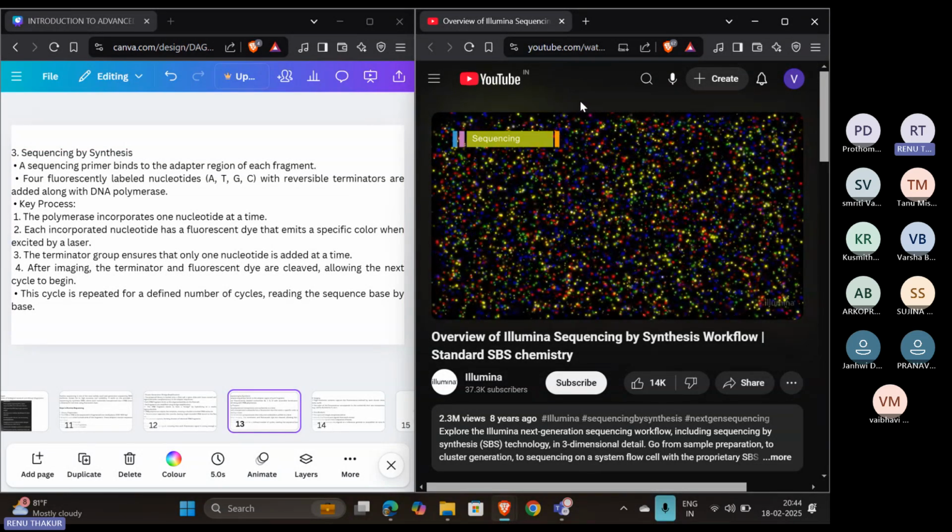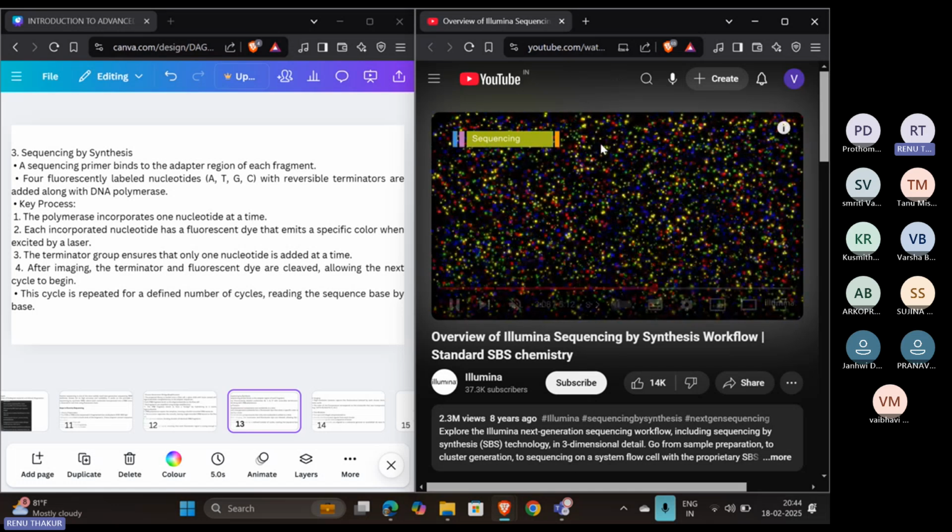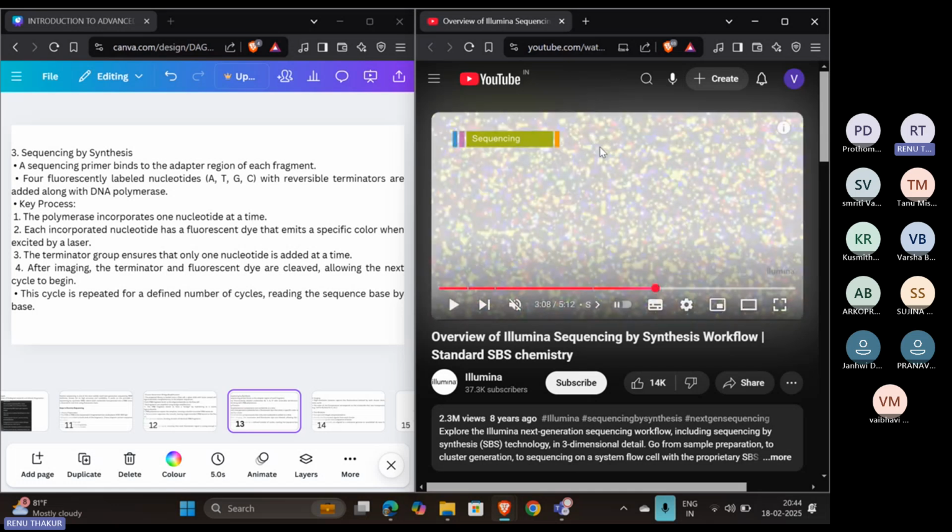If you zoom into the flow cell, this is how we are going to visualize it. There's obviously a whole system to detect this. This is how the wavelengths of light are going to be emitted. Each color will represent a specific nucleotide, and all this is going to be detected by imaging.